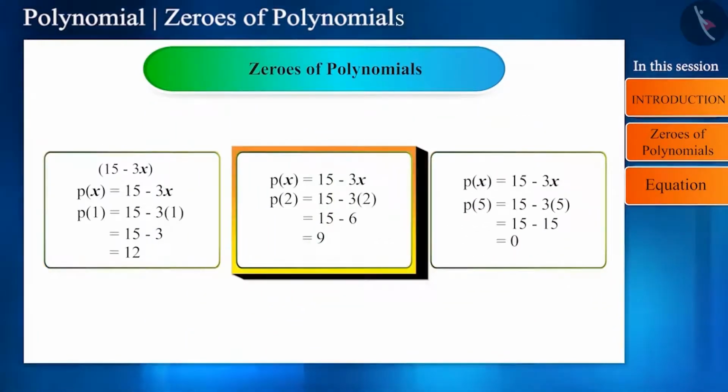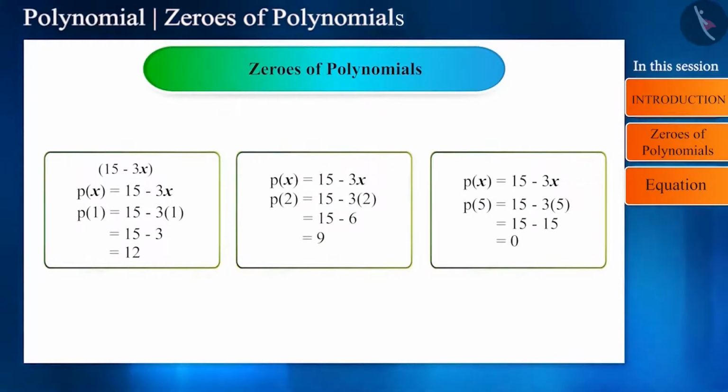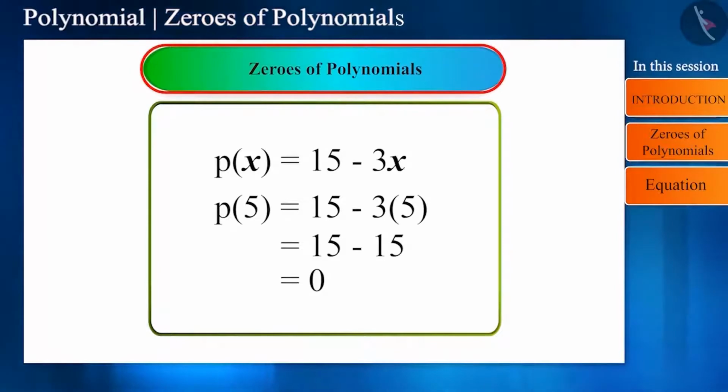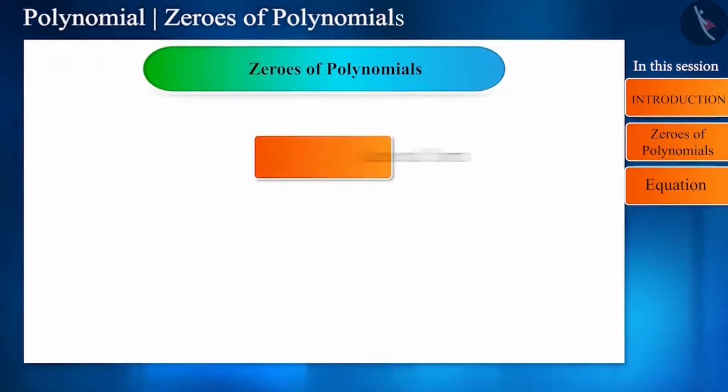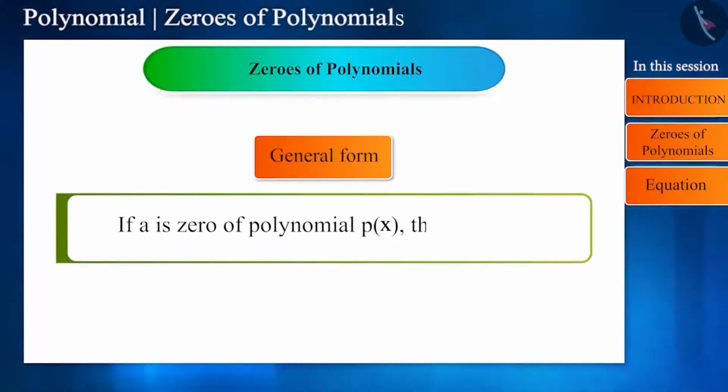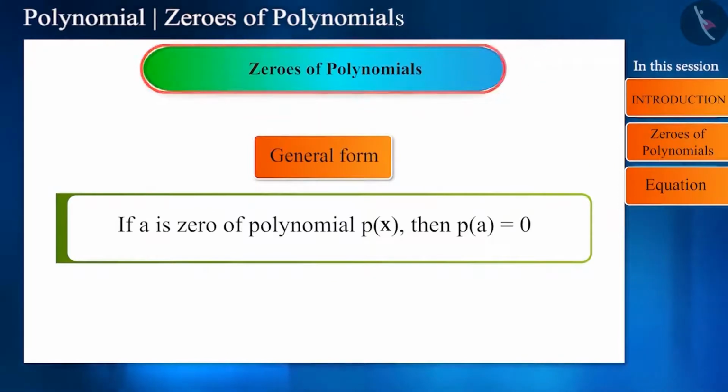The polynomial will give different values for each number. My dear friends, there will be a number that will make the value of the whole polynomial 0. Like we saw, when Rahul dropped 5 rupees, he did not get a single rupee. Therefore, we call such numbers the zeros of polynomials. Speaking in simple form, the zero of the polynomial p(x) is the number a, by which p(a) becomes 0. And this is our topic today.